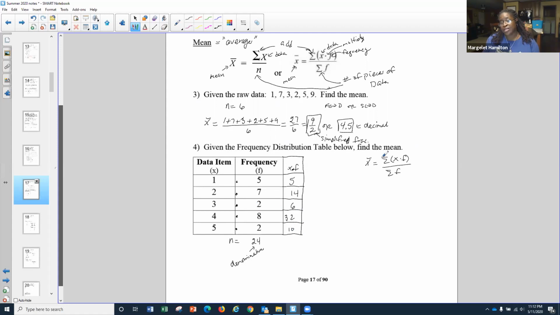Now we gotta sum it all up. So down here, we need the summation of all of this. So when you added it up, what did you get? Right? You should have gotten 67.